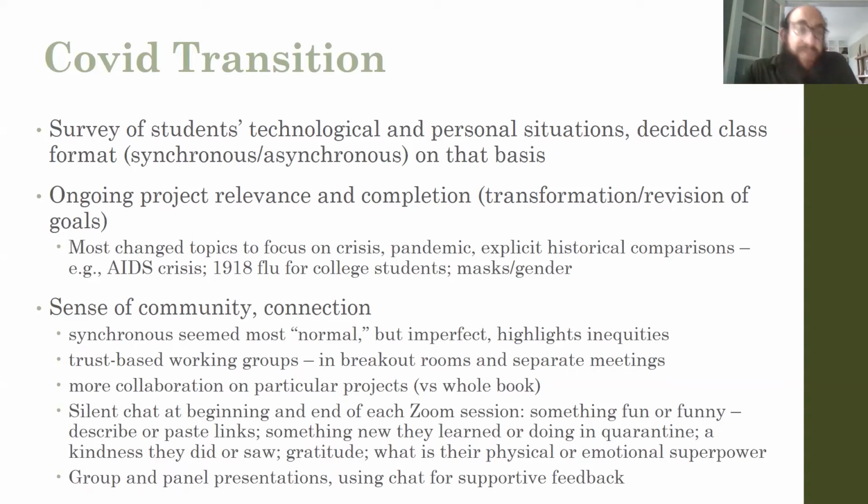Something that I know we're all thinking about a lot is how we are doing these digital or blended spaces. One of the things I struggled with was what to use synchronous spaces for. Students really wanted it. It seemed the most normal to them. But it also, in many ways, highlighted inequities and differences when you see what's going on in different students' houses.